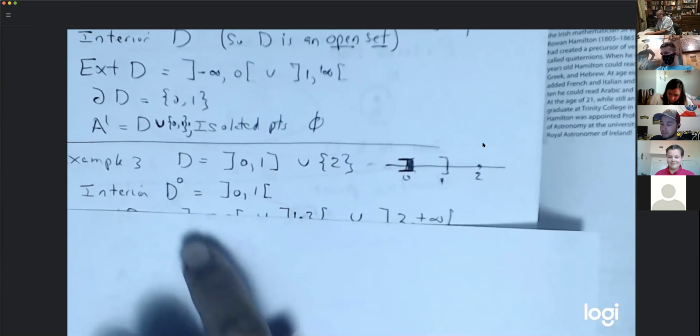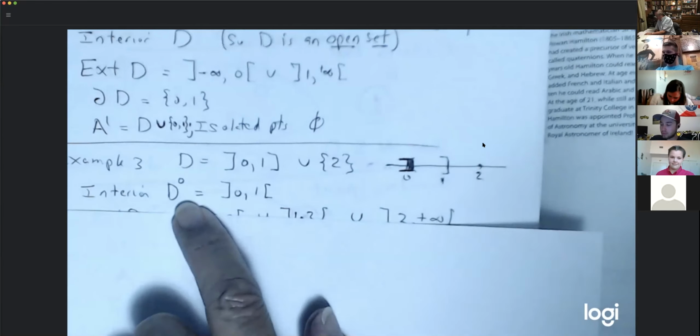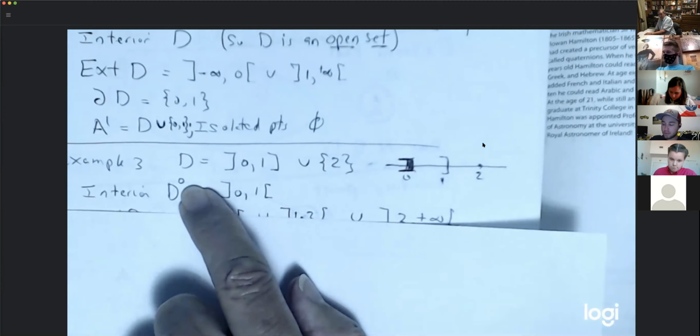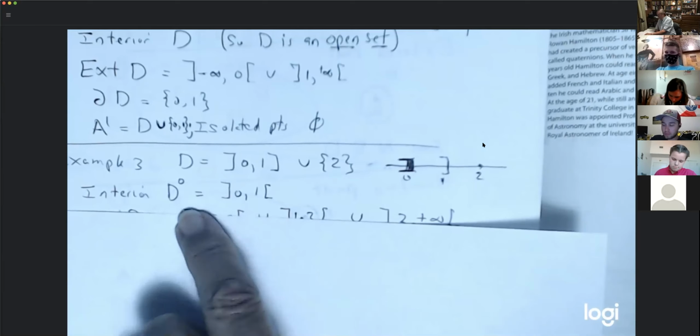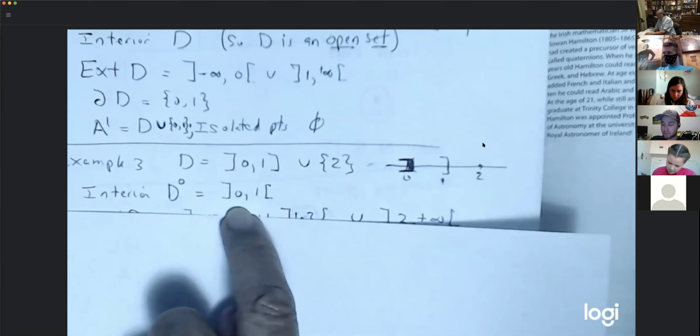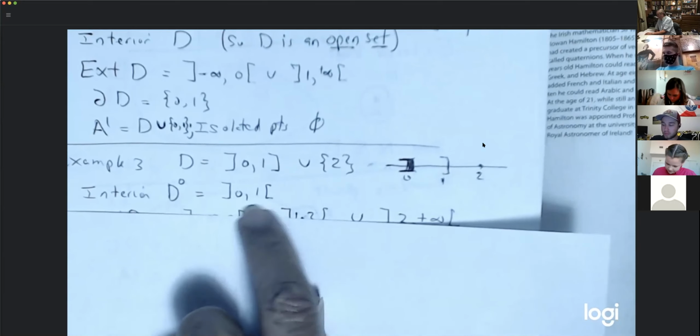Okay, what's the interior? Now, I threw another thing at you. Interior, we put a little 0 up here. That's the way mathematicians talk about the interior of a set. Put a little 0 there. So this is red, the interior of D. That would be everything from 0 to 1, not including 0 or 1. That's the interior.